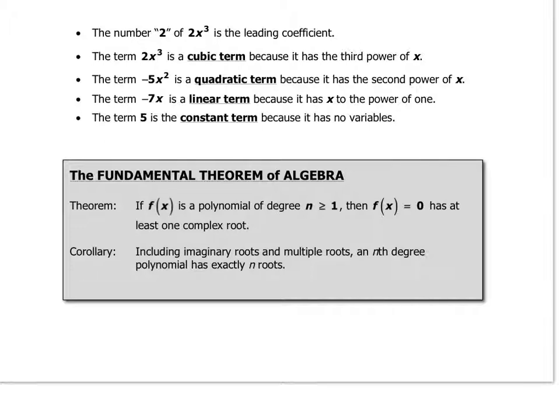So what this is saying is if we set that polynomial equal to 0, it's going to have at least one solution. The corollary is what's important for us. It says including imaginary roots and multiple roots, an nth degree polynomial has exactly n roots.